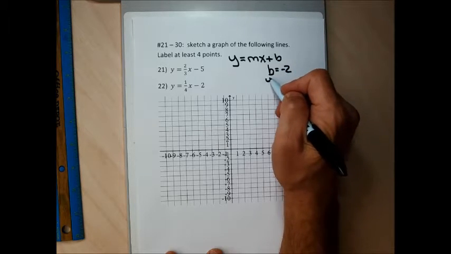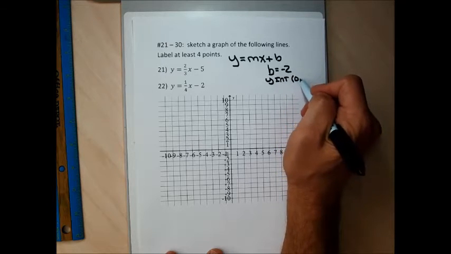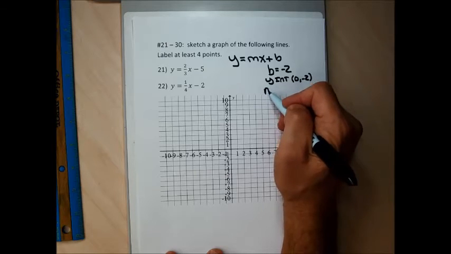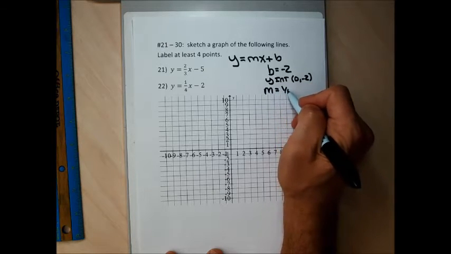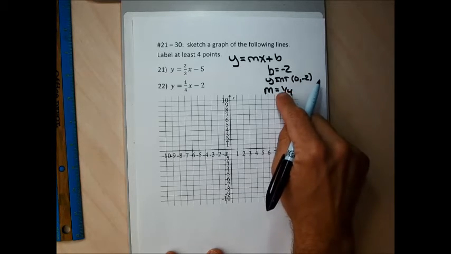So this tells me the y-intercept is the point 0, negative 2. And the slope is 1/4. That tells me how to move from point to point on the graph. The numerator is the y direction. If it's positive, it's up.